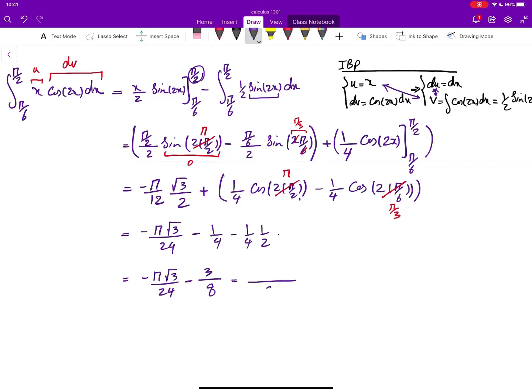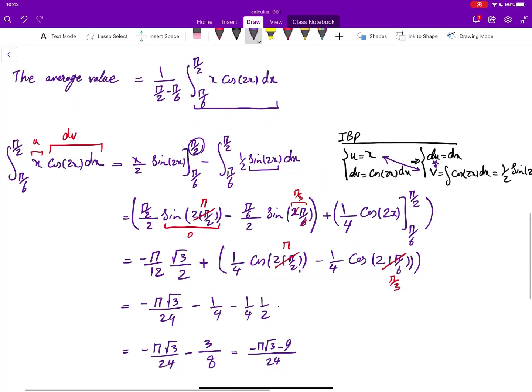And let me find another common denominator. That way, minus pi root 3 minus, I have to multiply that by 3, then that's. So that is the integral we have there. Now, if I find the value of this guy, which is 3 minus 2, which will give me 2 pi over 6. Sorry, and that is just pi over 3.